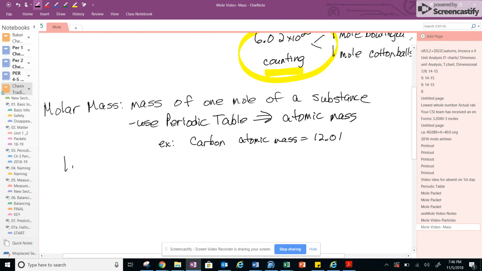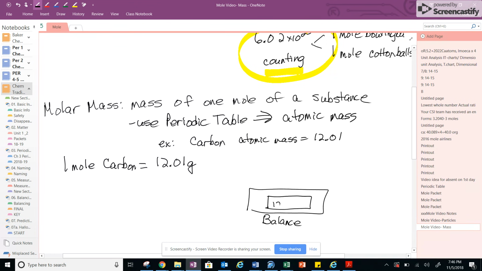How easy is this going to be? If I have 1 mole of carbon, it is 12.01 grams. If I get on my balance 12.01 grams, and I know what I have in my dish is carbon, then I know there are 6.02 times 10 to the 23rd atoms of carbon in that beaker.